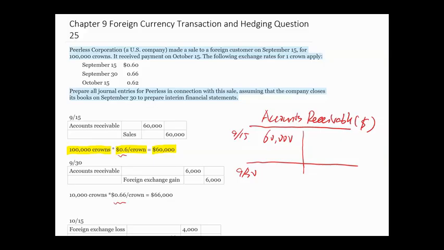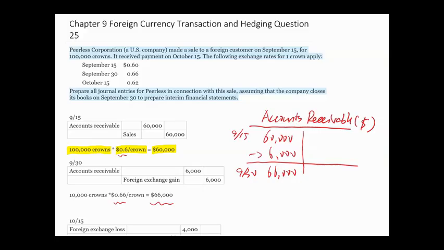It's like the company is holding an asset in a foreign currency, and the foreign currency appreciated, so the value of that foreign asset appreciates at the same time. The total value of these 100,000 crowns is now 66,000, so the ending accounts receivable on September 30 will be 66,000.